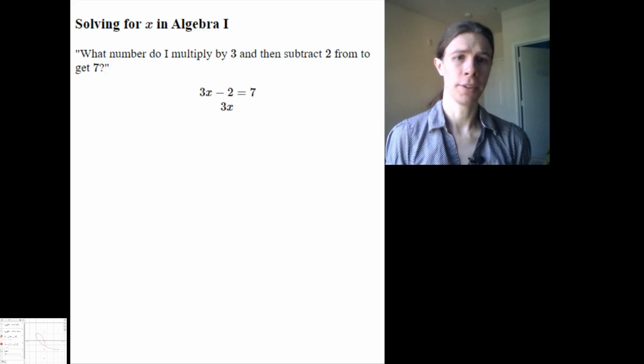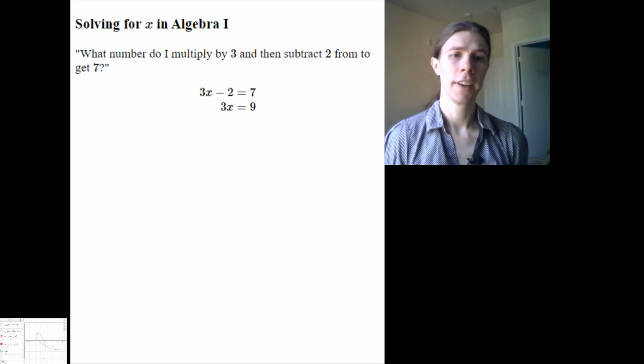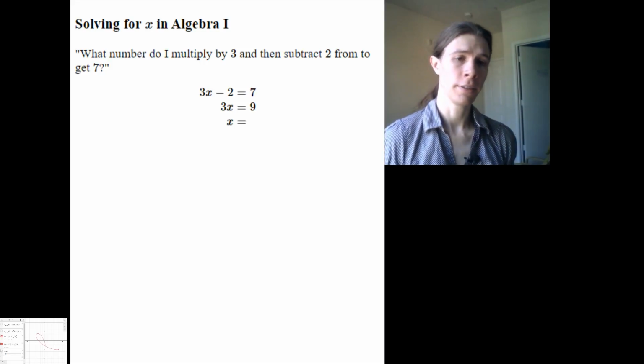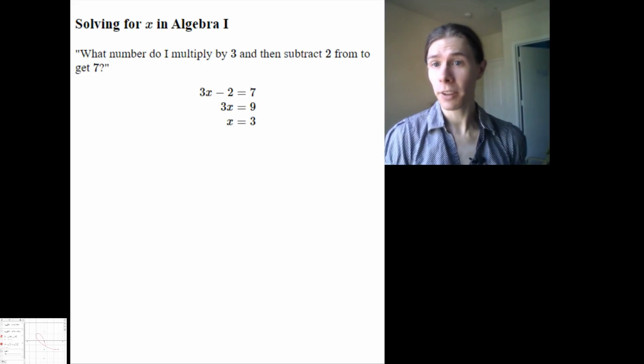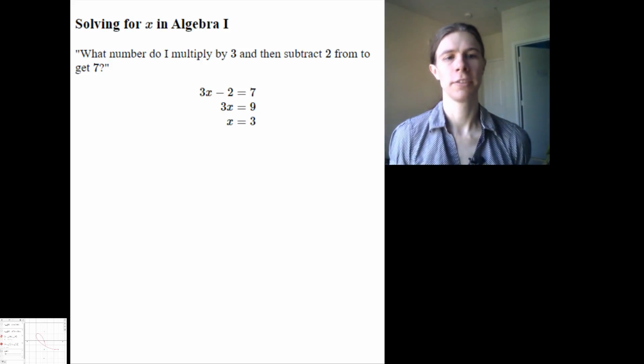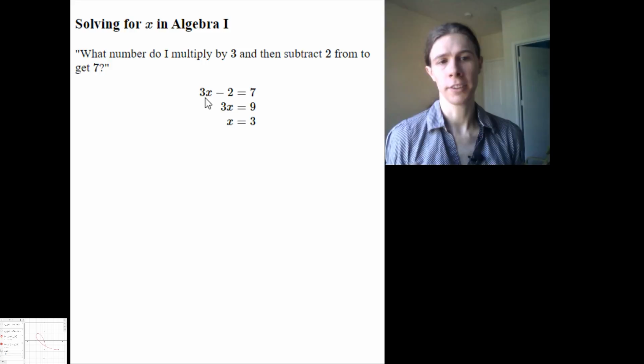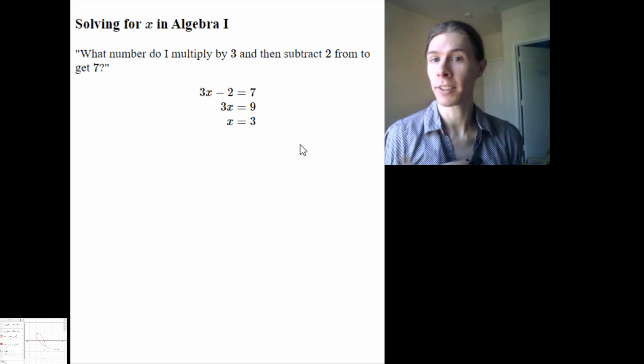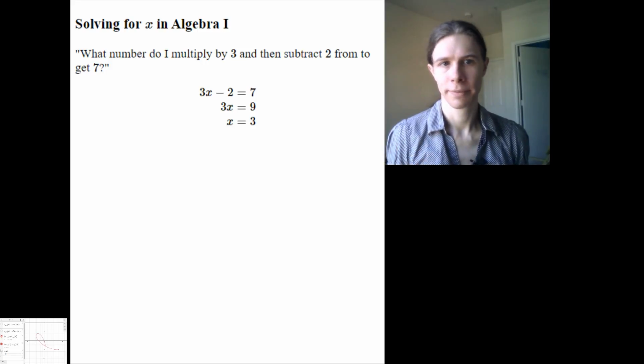I'd add 2 to both sides, which gives me 9 on the right and cancels out the 2, and then I divide by 3 on both sides, which gives 9 over 3 is 3. Oh, 3 would have been the number. And sure enough, if I plug 3 back in at the start, times 3 gives me 9, minus 2 gives me 7. It is a number that solves the problem. Great.